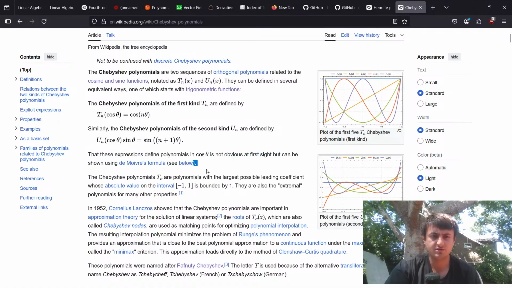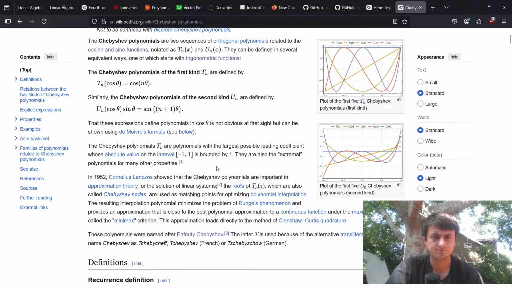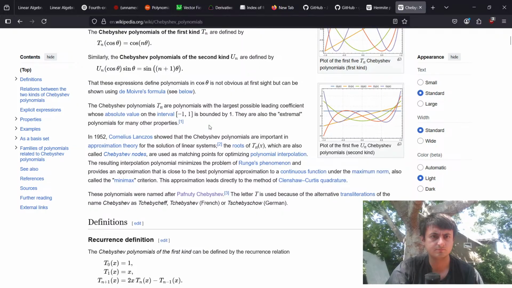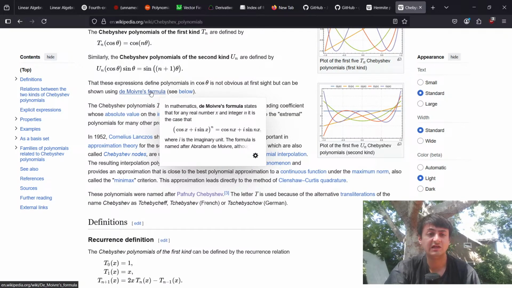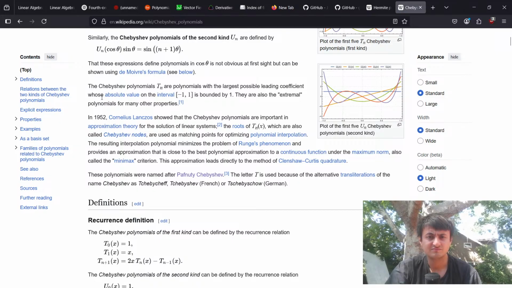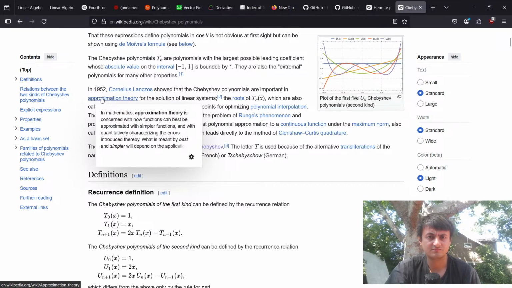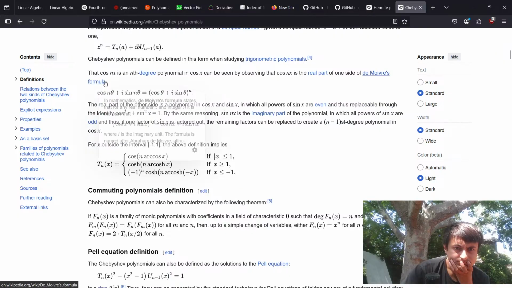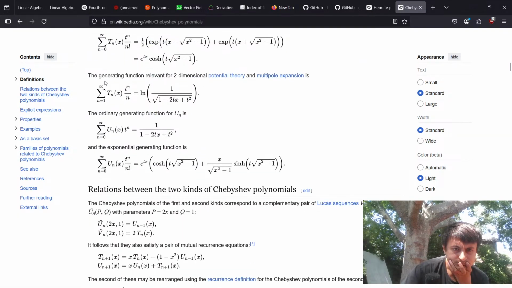These expressions define polynomials. Huh. Wow, that's crazy.